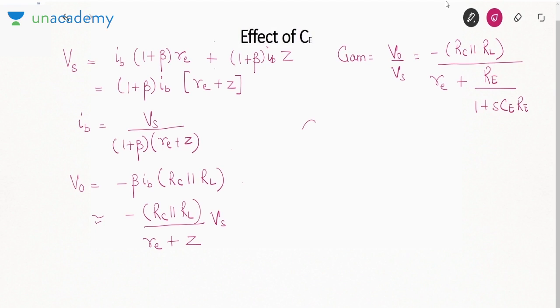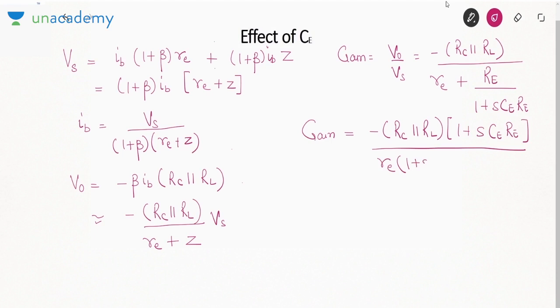Now if you take the LCM, what will it become? Minus RC parallel RL, okay, into 1 plus SCE RE by RE times 1 plus SCE RE plus RE.